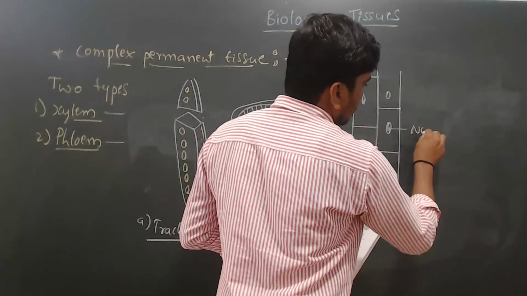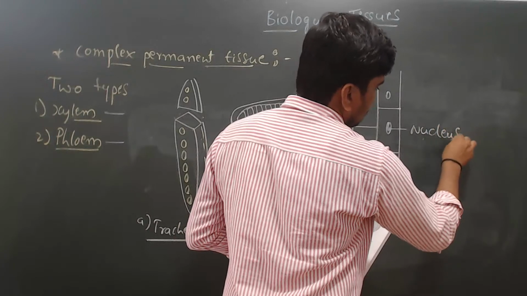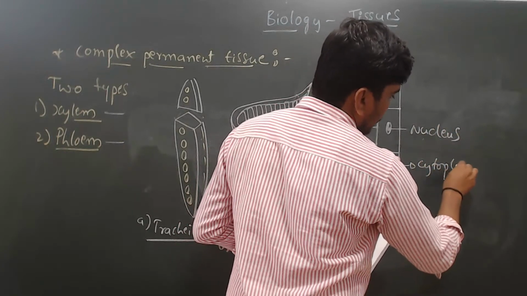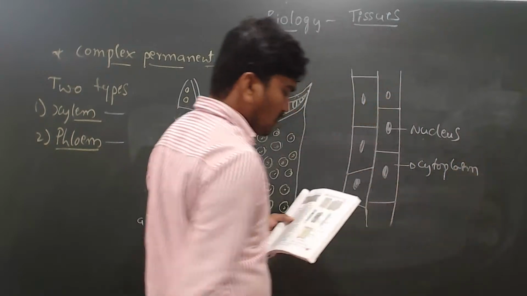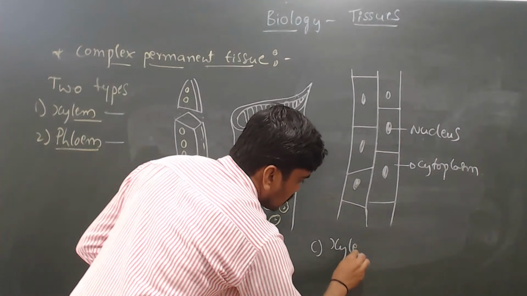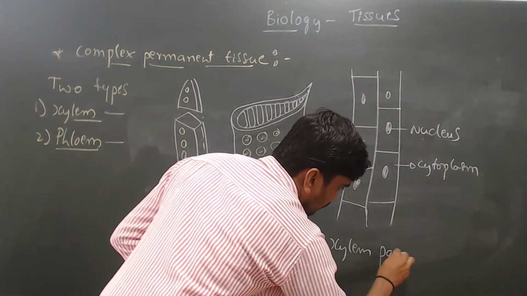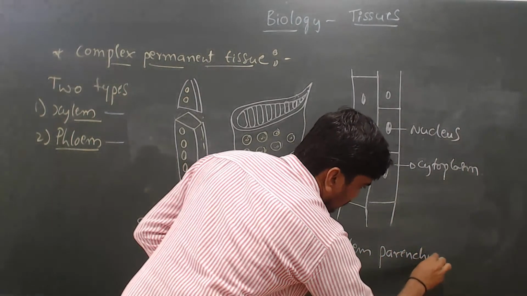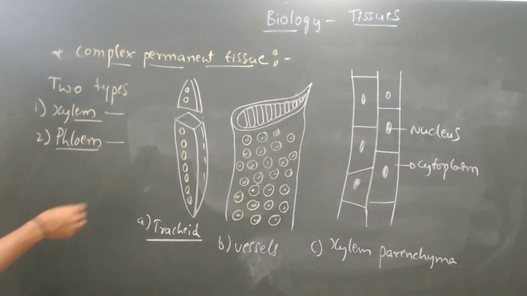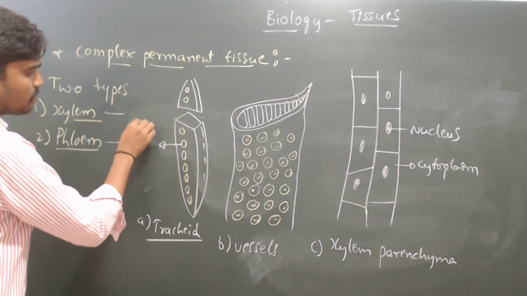This one is called the nucleus. This one is called cytoplasm, tissue fluid. This is the structure of xylem parenchyma. Now, take it, these are the structure of pits.